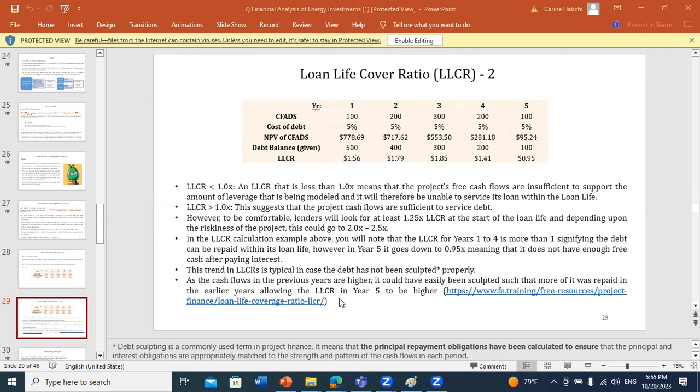Okay, so as the cash flows in the previous years are higher, it could have easily been sculpted such that more of it was repaid in the earlier years, allowing the LLCR in year 5 to be higher. Or you might say, I don't want to wait until year 5. I want to pay everything in the first 4 years because I have a favorable LLCR.